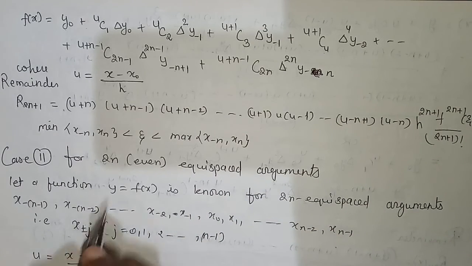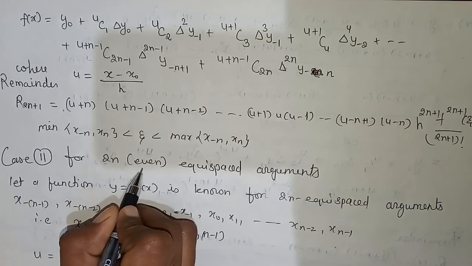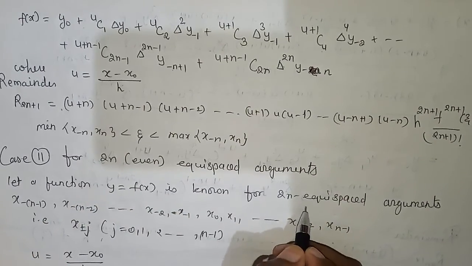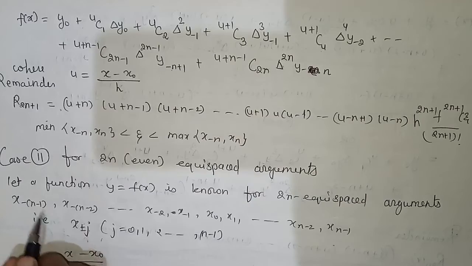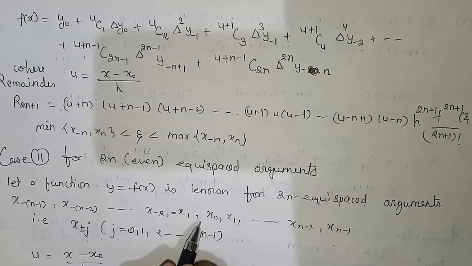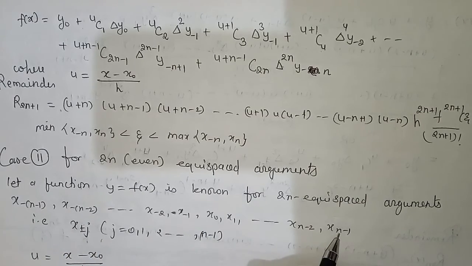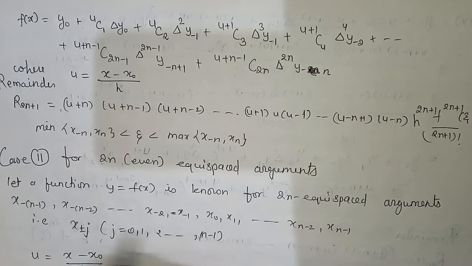So here we are talking about 2n values: x minus n minus 1, x minus n minus 2, up to x n minus 1. So these are the 2n values, that is x plus minus x plus minus j, where j is a value from 0 to n minus 1. So see, this 0 to n minus 1 is n values.